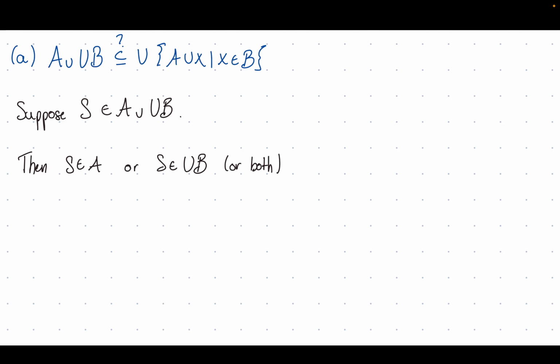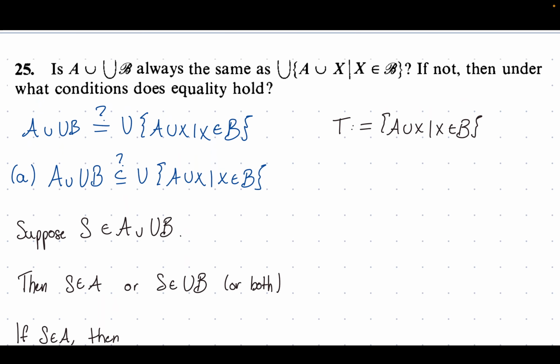Okay, so if S is in A, and note one thing, I'm going to consider that this A and this A are the same. Because if they're not, and this is just a random symbol in a different scope, then the whole proof falls apart.